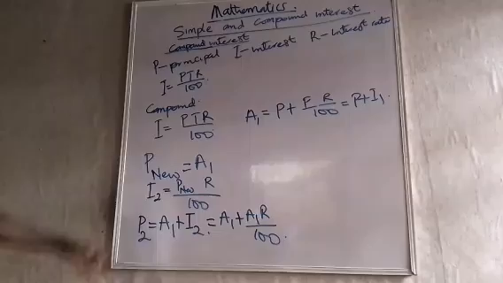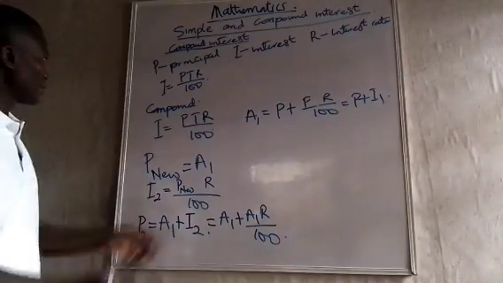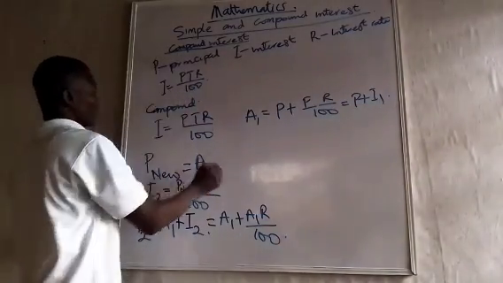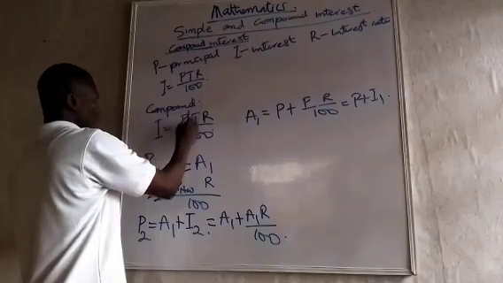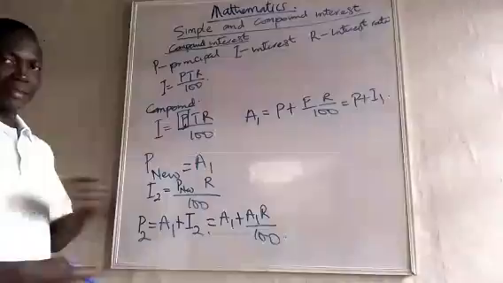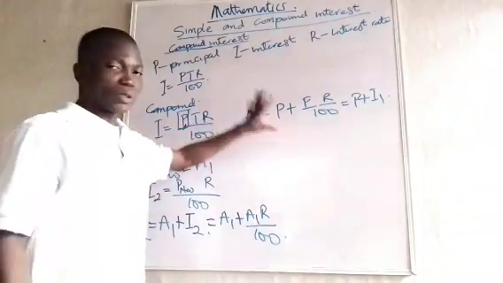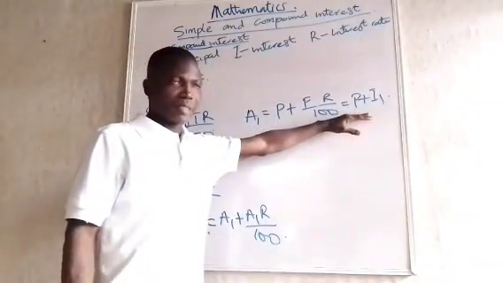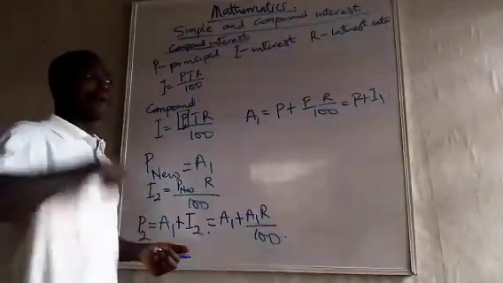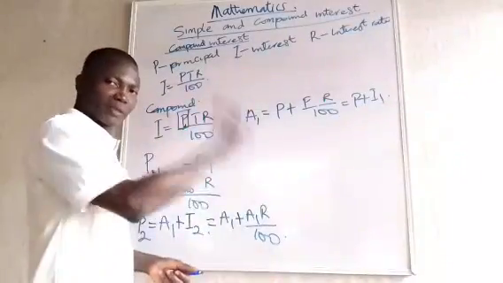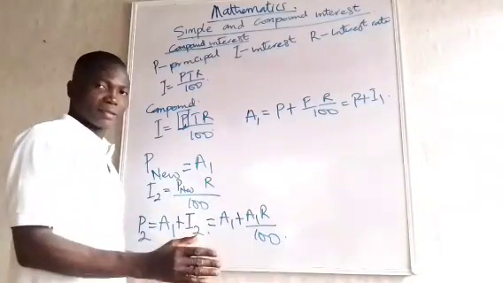So you can see, the initial P is this. So after the lapse of the first duration, that is A1, the total amount is this. For compound interest, you have to be calculating the amount to be the next principal for the next duration. That is the difference now.